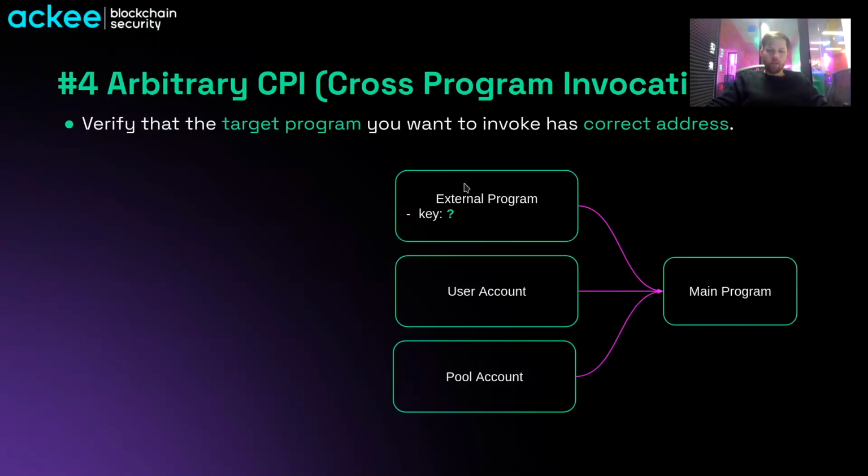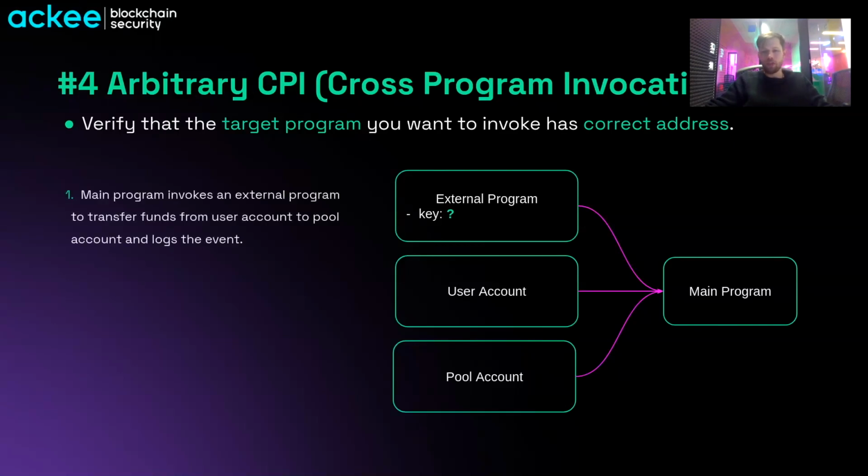And yeah, so the external program that you would like to call, of course, has some key that actually you have to verify. But yeah, before that, I can give you an example of how you can actually exploit the arbitrary CPI.